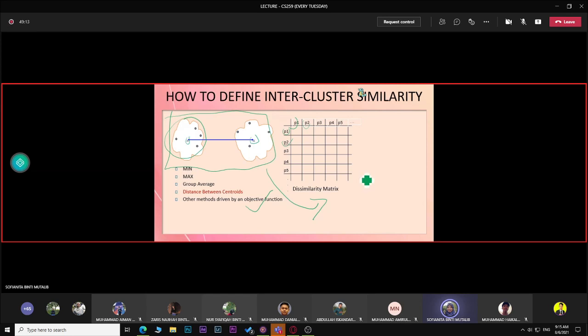For example, this is cluster 1, cluster 2, and this is a lot of objects, and then you have another cluster here, cluster 4. And then you could have here cluster 3. Okay, so you have to find, okay, let me put it like this.